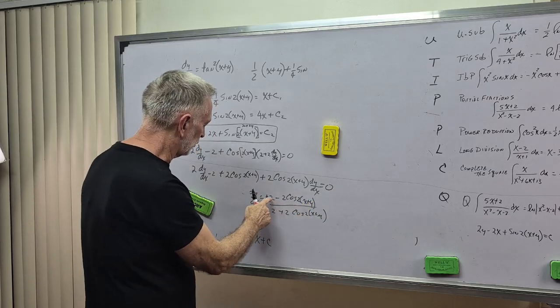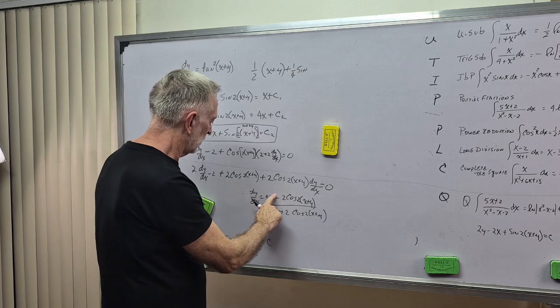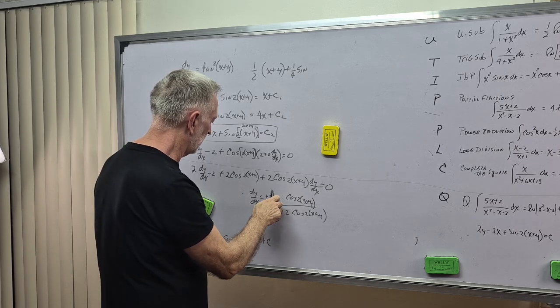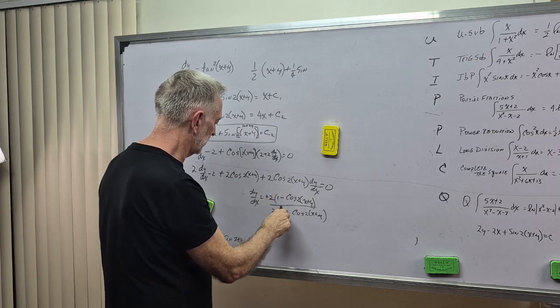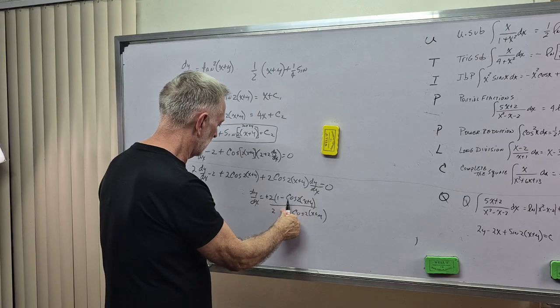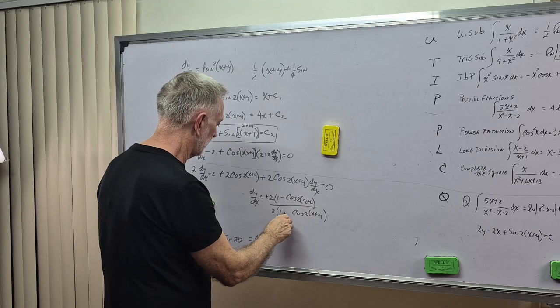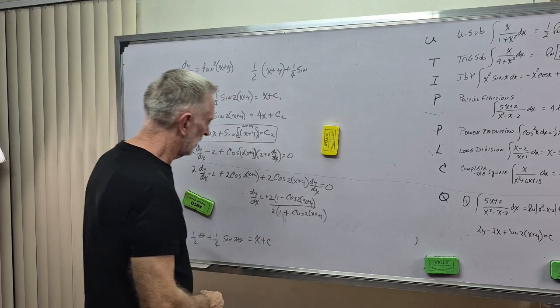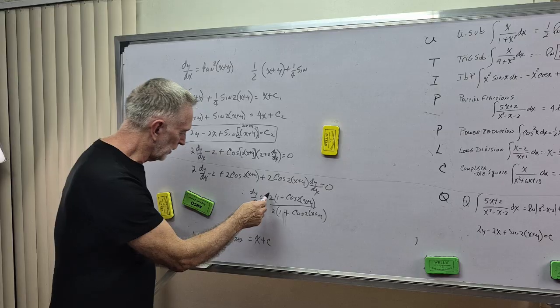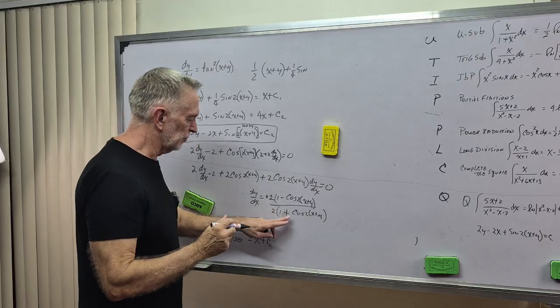Let me factor the 2 out. So that would be 1 minus this, and 1 plus that. Now, 2's cancel.